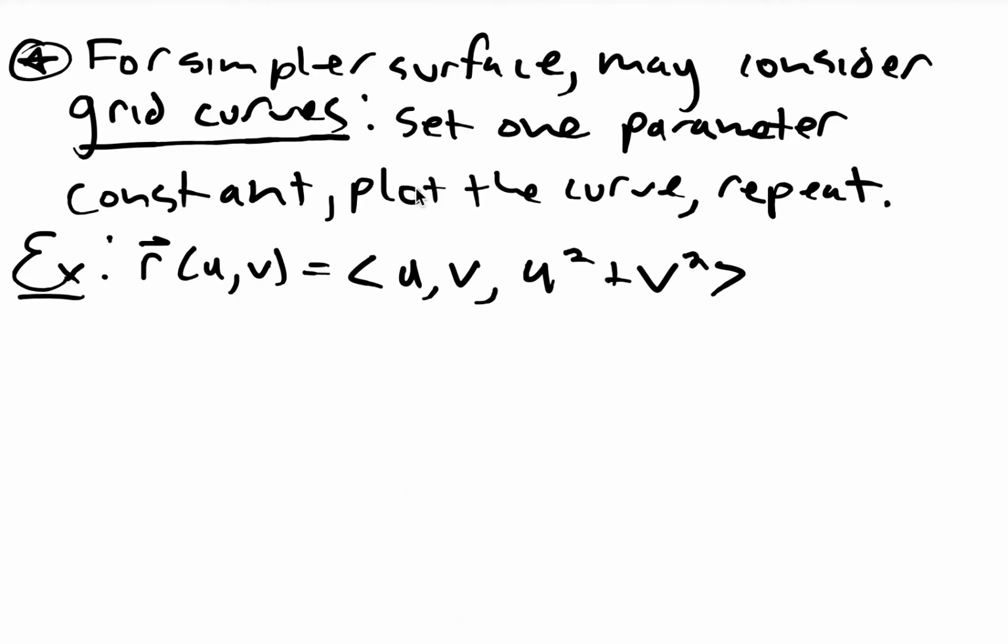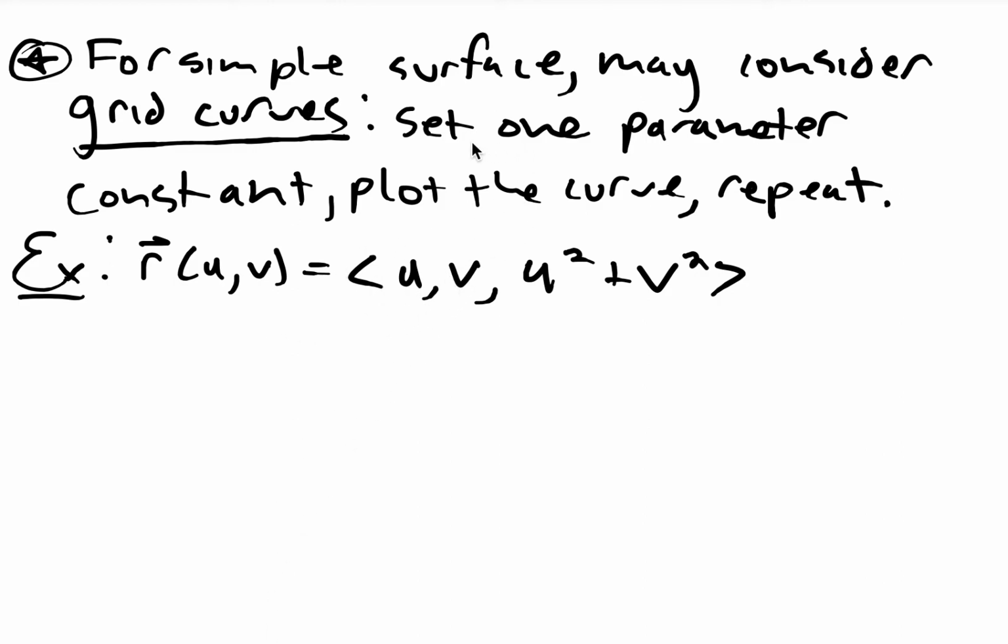If I have absolutely no clue how to do this, if substitution looks a little bit messy, what can I try to get a feel for what the surface looks like? We can use the same technique we used with level curves of surfaces to get a feel for what a surface looks like by setting something constant. I can do the same thing here.